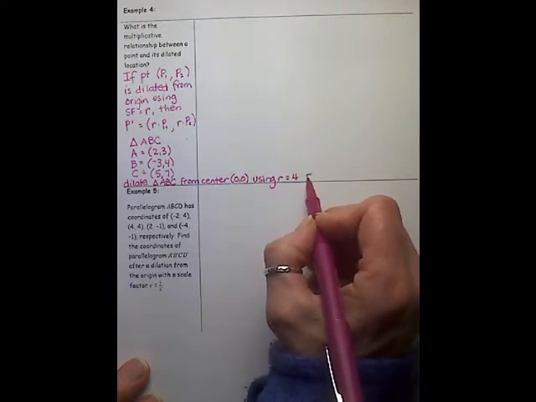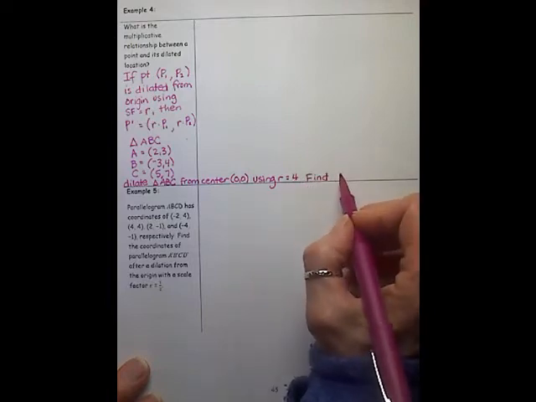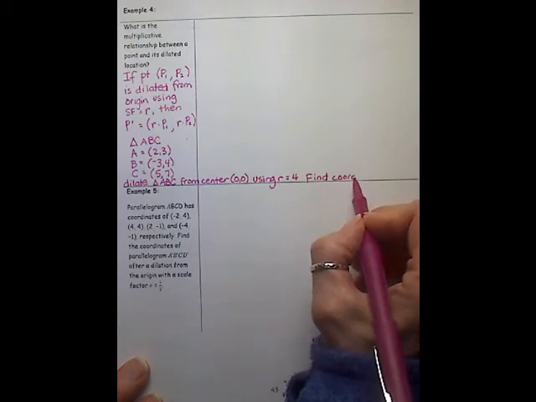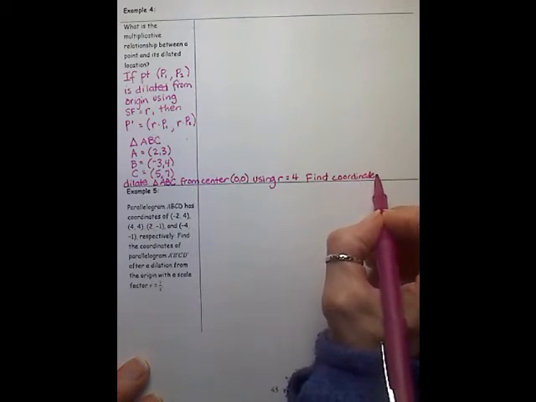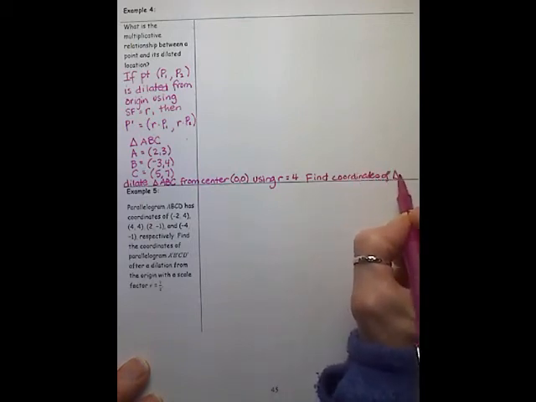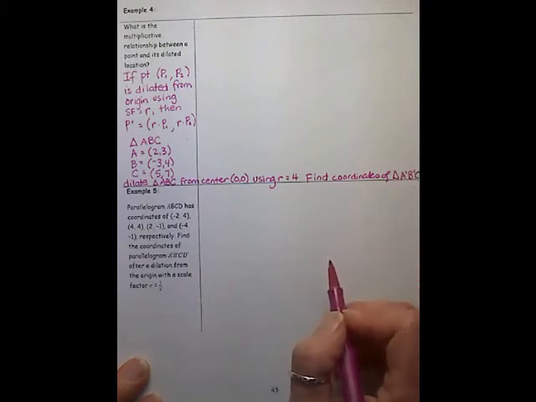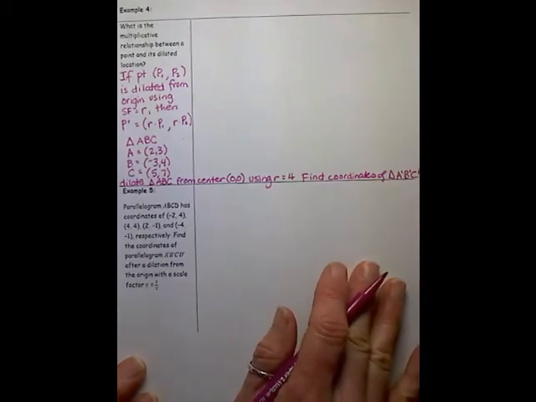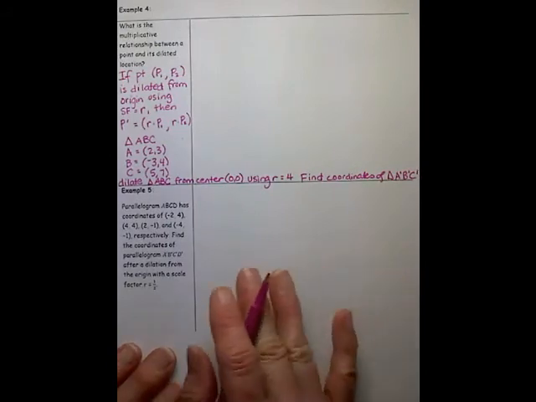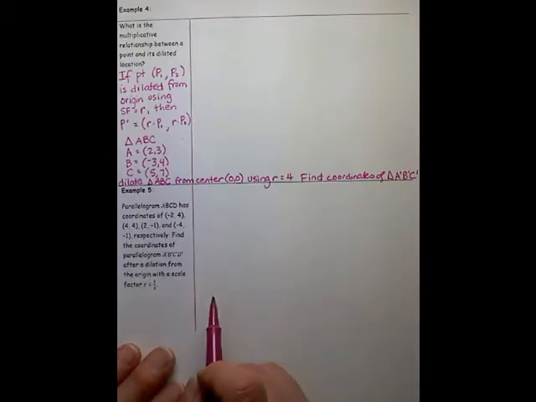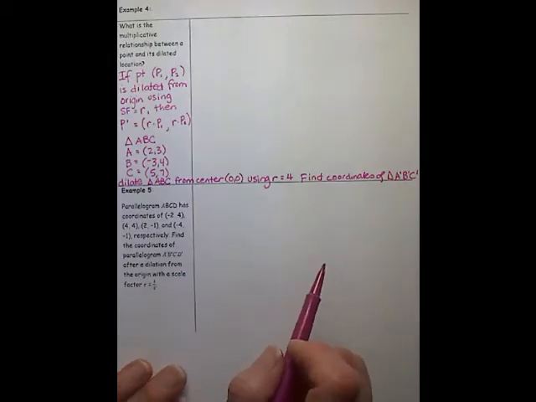Find the coordinates of triangle A prime, B prime, C prime. Do you feel like you could do that on your own? If you do, go ahead and pause the video and do it on your own.